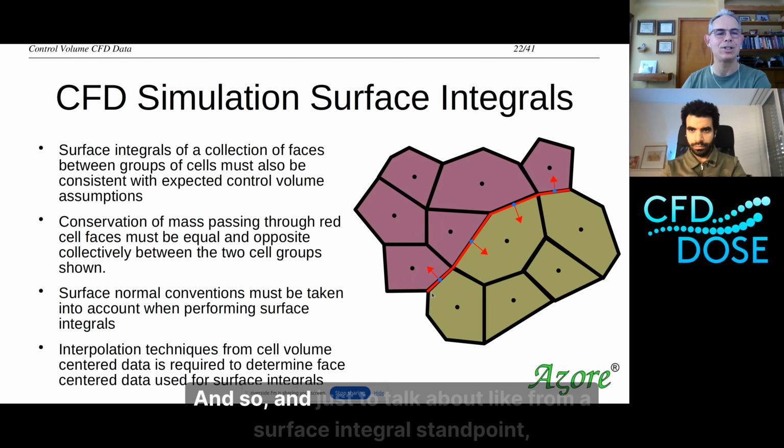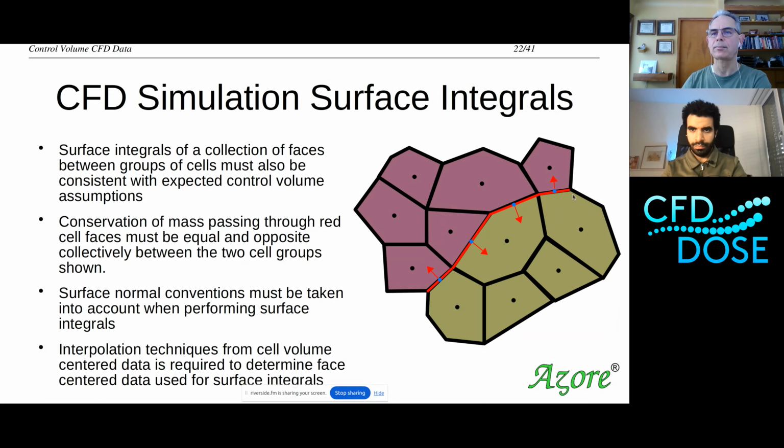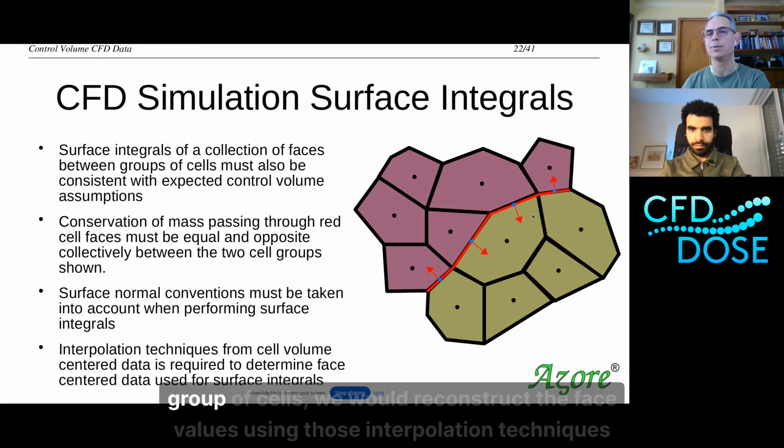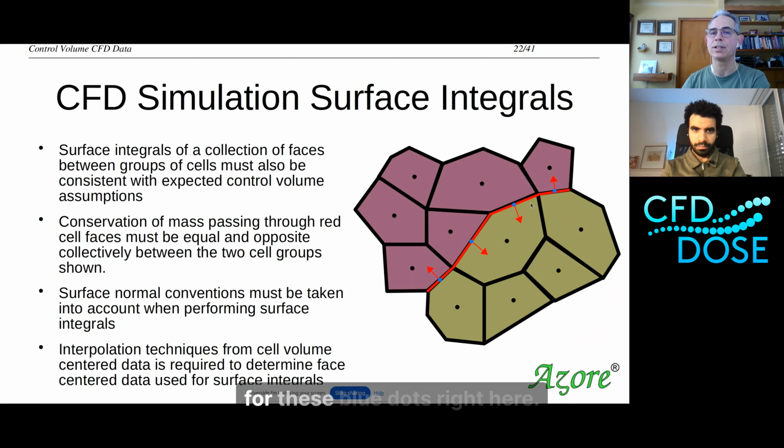And just to talk about it from a surface integral standpoint, if we want to know, for instance, the mass that is passing from this group of cells into this group of cells, we would reconstruct the face values using those interpolation techniques for these blue dots right here.